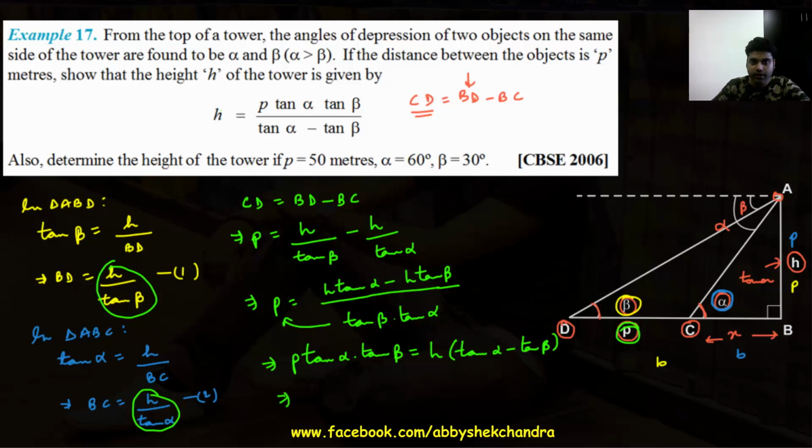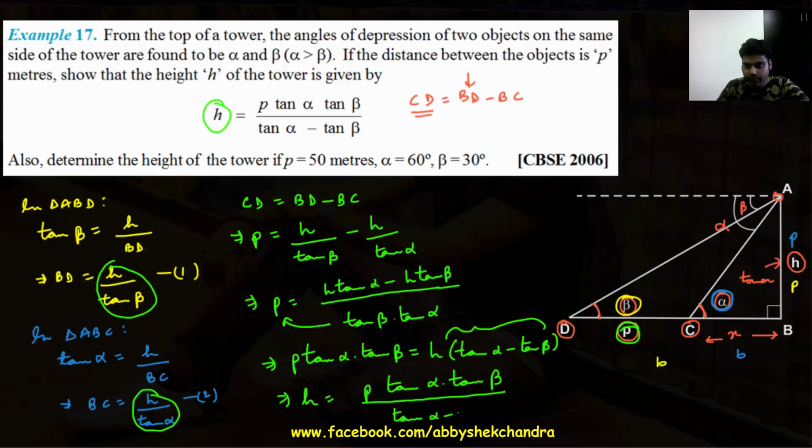We wanted to find the value of H, right? So H equal to, this thing is multiplied to H, so when it goes to the other side it will go into the denominator. P tan alpha into tan beta by tan alpha minus tan beta.